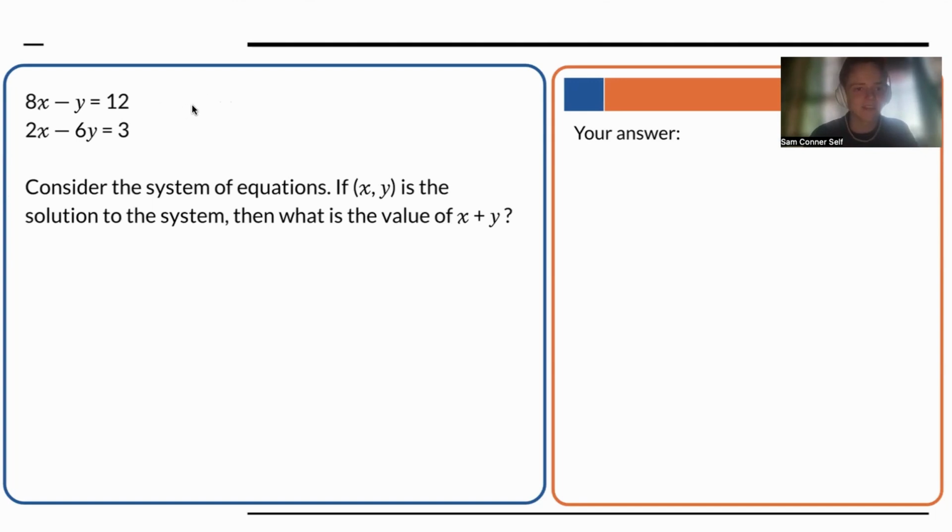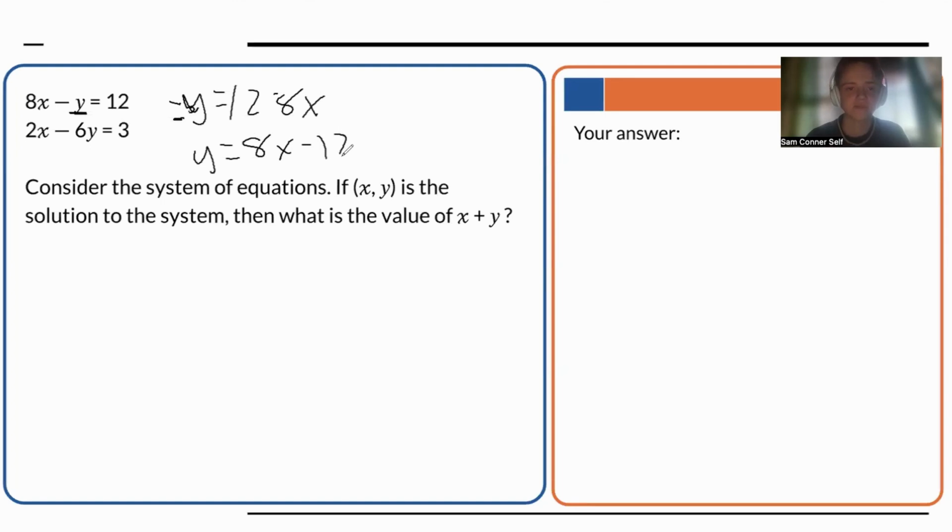I'm going to do that on the first equation because the coefficient of y is already 1. So when you subtract 8x from both sides, it'll be negative y is equal to 12 minus 8x. Then you want to get rid of the negative on the y, so we divide the whole equation by negative 1 to get y equal to 8x minus 12.